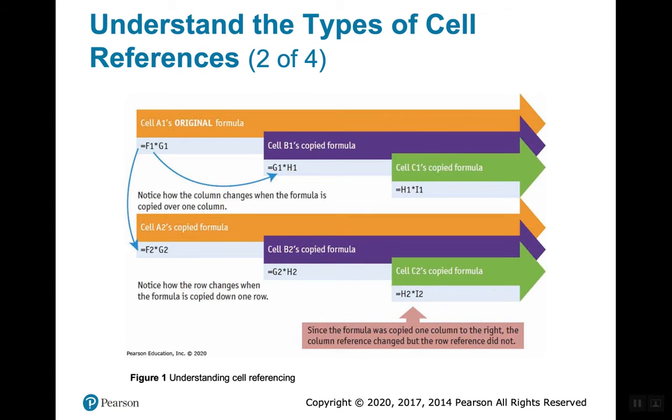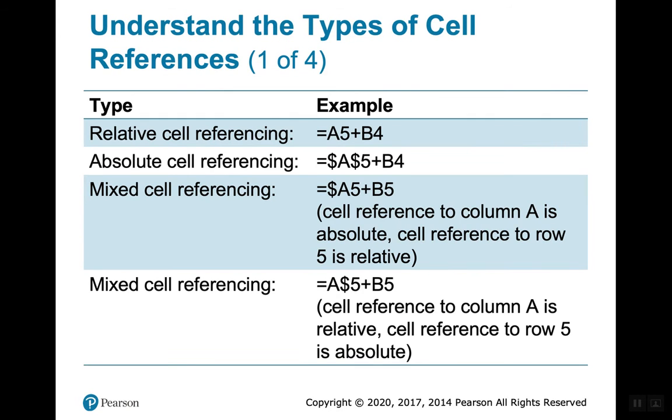Anyway, so here are some pictorial examples of how this looks. All right, so we'll take an original formula. When you copy it, by default, Excel will use its relative locations to adjust the formula as it copies it from cell to cell, unless, of course, it is overridden by either an absolute cell reference or a mixed cell reference.